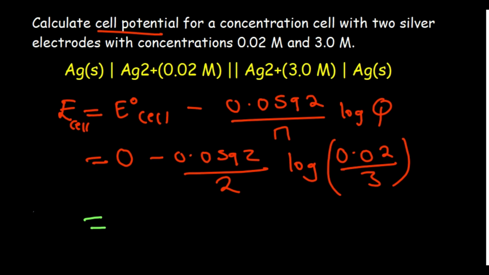So the answer is positive because the log part gave us a negative. So it's 0.0644 volts. Okay. So if you're trying to assess what you've been given, your answer may just be 0.06 volts.